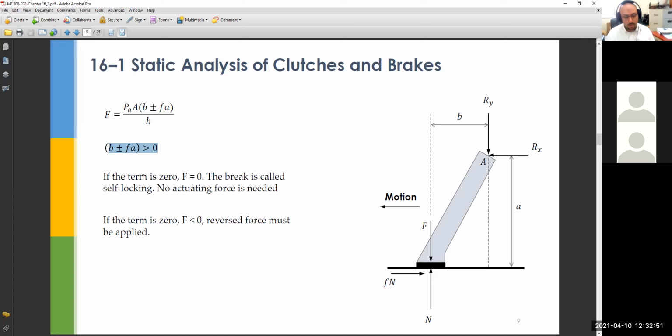Why? Because if this is zero, F will be zero.